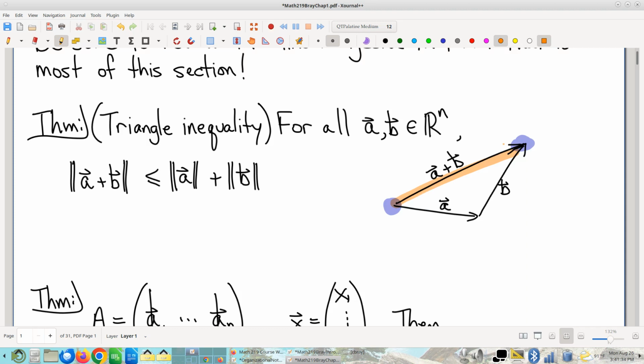Well, if the shortest distance is the straight line, then that means that this distance is less than the length of this other path, which is the sum of those other two distances. So I think it's a pretty easy pitch. Does everybody buy it? Yeah, good. Okay.